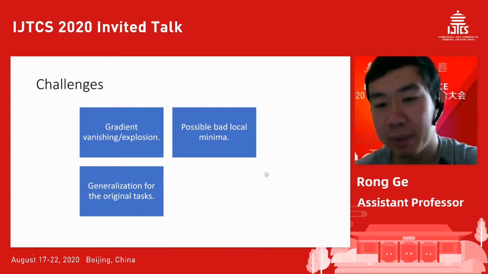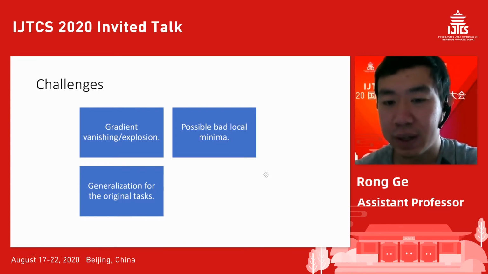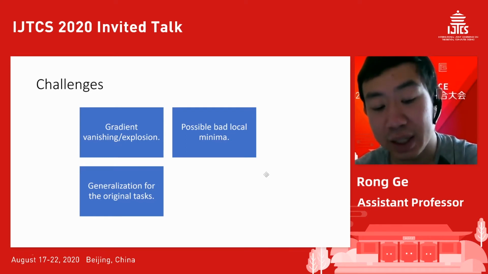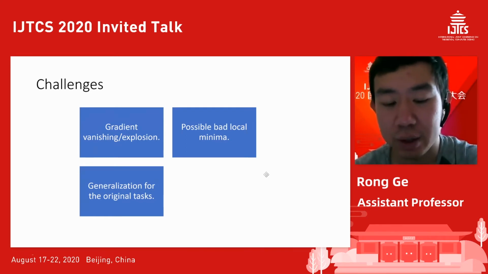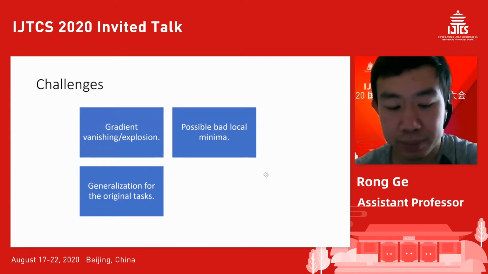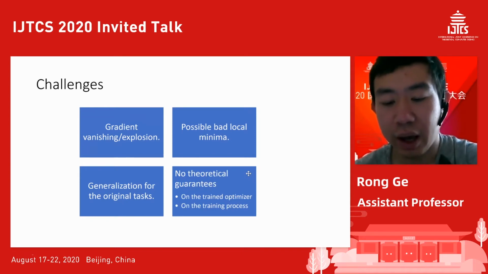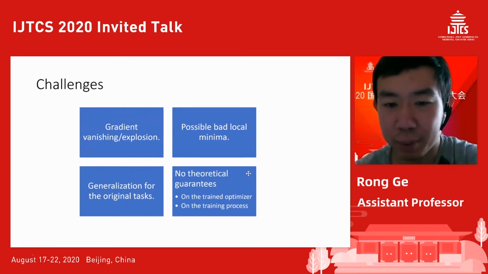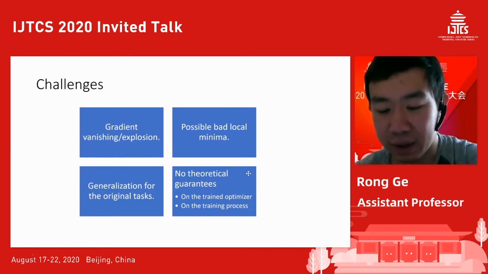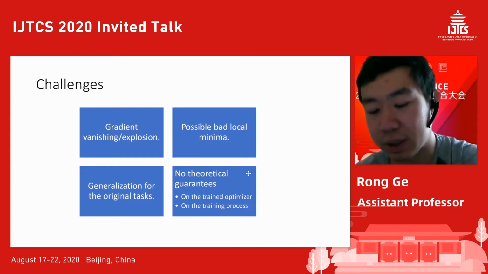Because what this optimizer is trained to do often is to make the training procedure as fast as possible, but that does not necessarily imply that for your original task, the generalization is going to be good. And finally, of course, this type of approach is actually very hard to analyze, and there are basically no theoretical guarantees on the trained optimizer or on the training process.